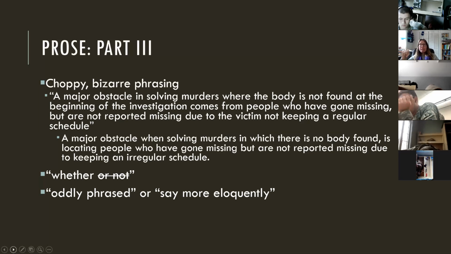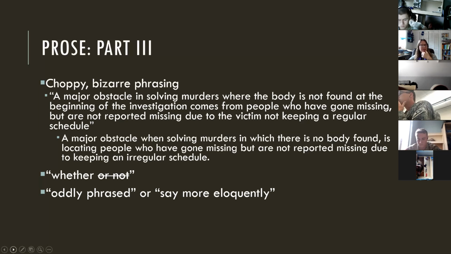So when I start editing your paper, and when you edit papers too, if you're seeing that the sentence is oddly phrased, that can be a quote or a suggestion that you make, or you can just say, say more eloquently. But you don't need to go in and change the sentence for someone.